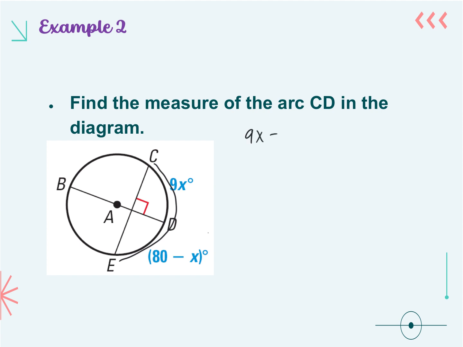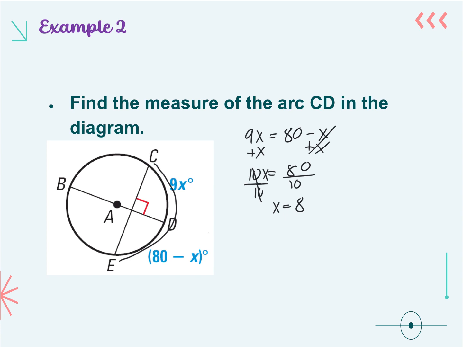So I can say 9x is equal to 80 minus x. I add the x on both sides to get 10x is equal to 80. Then I divide by 10 on both sides, and I get that x is equal to 8. Now, that would not be your final answer.